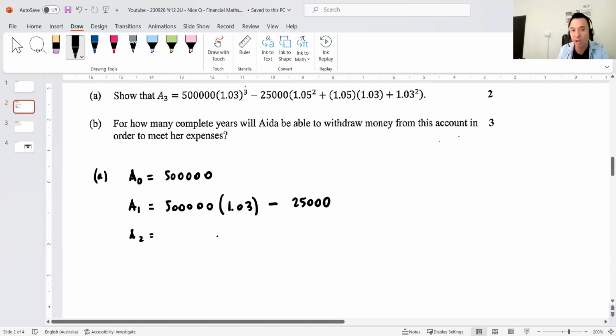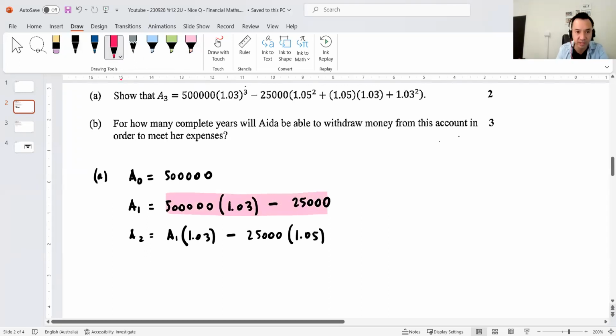A2. Now I know that A2 always develops by taking A1, compounds for a year, and this is the interesting part, I subtract not 25,000, but 25,000 times 1.05. I've increased the amount that I subtract by 5%. That makes this question a little bit different. So then I sub this expression into here, and at the same time, if it's okay with you, I'll expand, so it saves me a step.